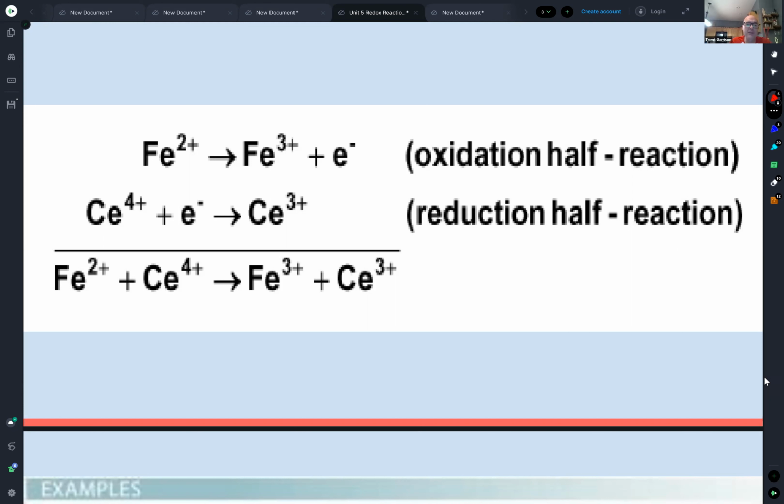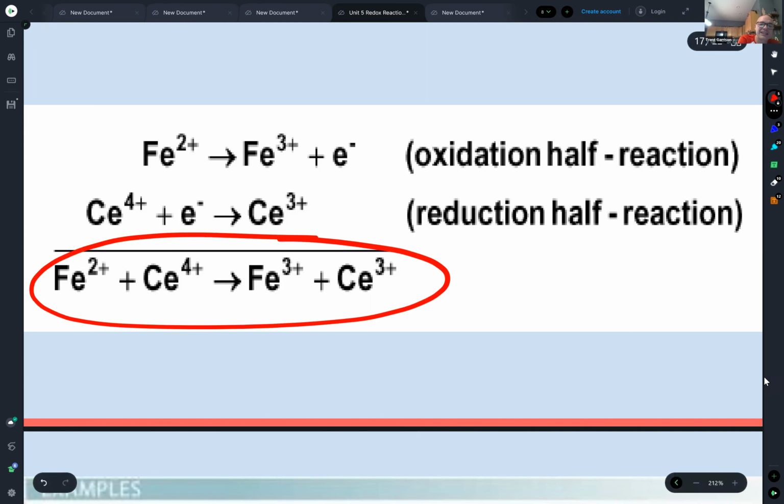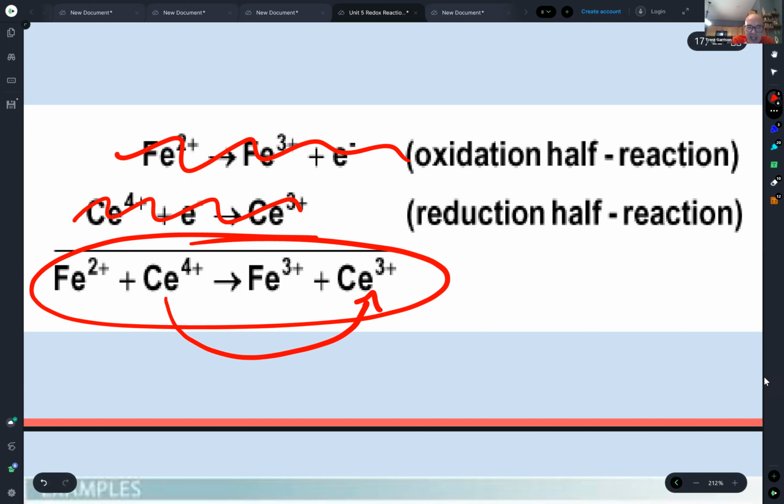Very easy. But what if it were written like this? You didn't have this piece of information. We'd have to individually analyze this cerium. It has gained an electron. You're saying, no, it hasn't gained. Yes, because electrons, remember, have a charge of -1. So 4 - 1 is +3.